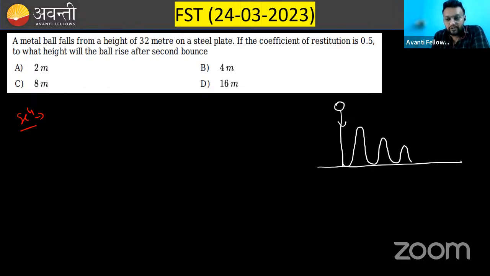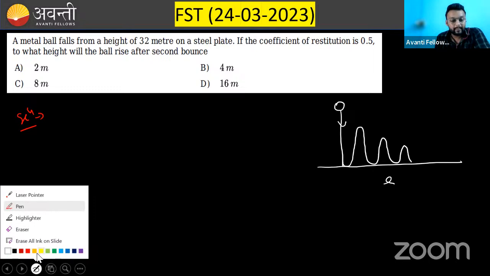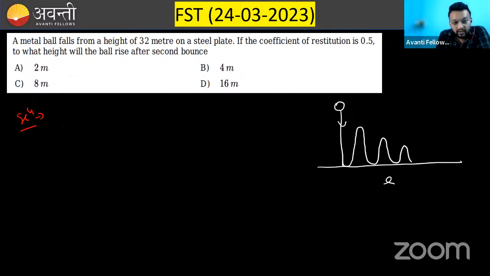So the coefficient of restitution is e. There is a relation that you should remember. What is that relation? After n rebounds, the height of the ball or the particle Hn will be e raised to the power 2n into the original height from which it was dropped.